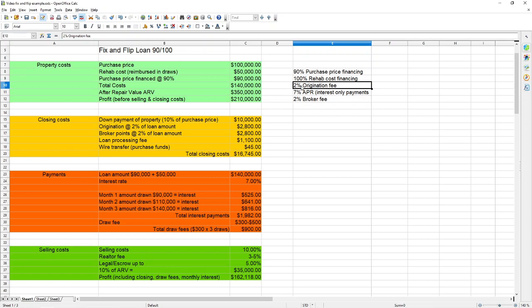Origination is a charge by the lender on the overall deal size. So this deal size is $140,000. So it's $90,000 for the purchase price, 50 for the rehab, and we take that times 2%, and we come to $2,800.